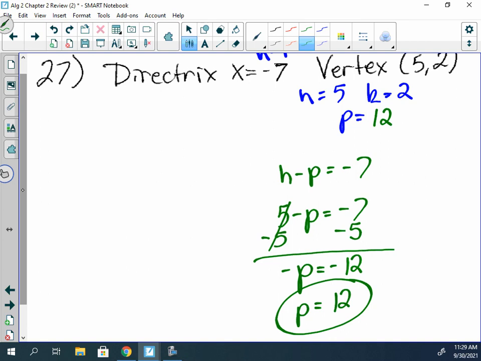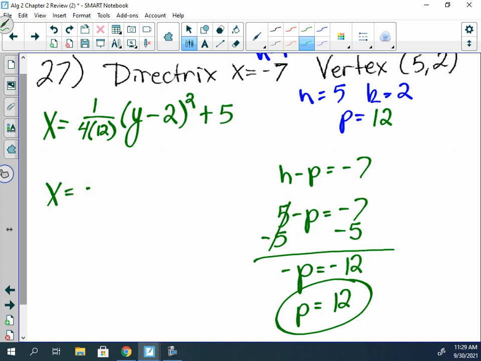Now again, we'd plug it back in, because we'd have x equals 1 over 4 times 12, parentheses y minus k, which would be 2 squared plus 5. Now our 4 times 12 would be 1 over 48 times y minus 2 squared plus 5.